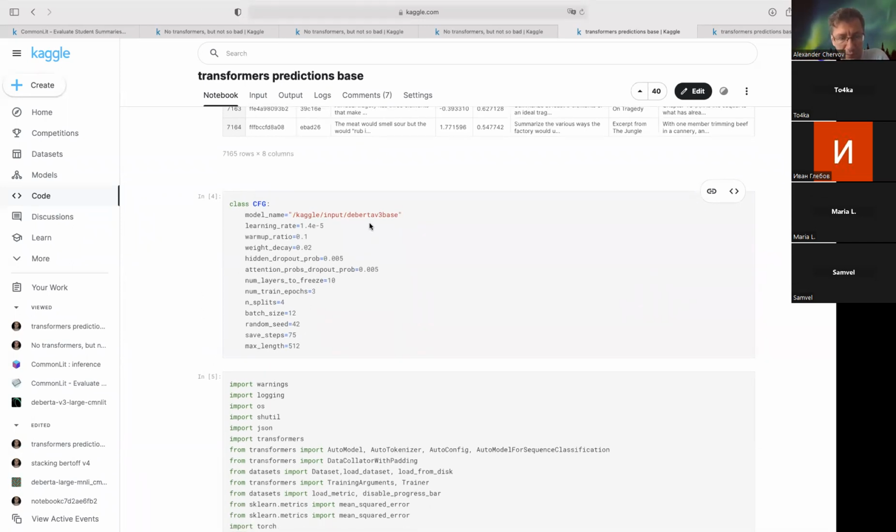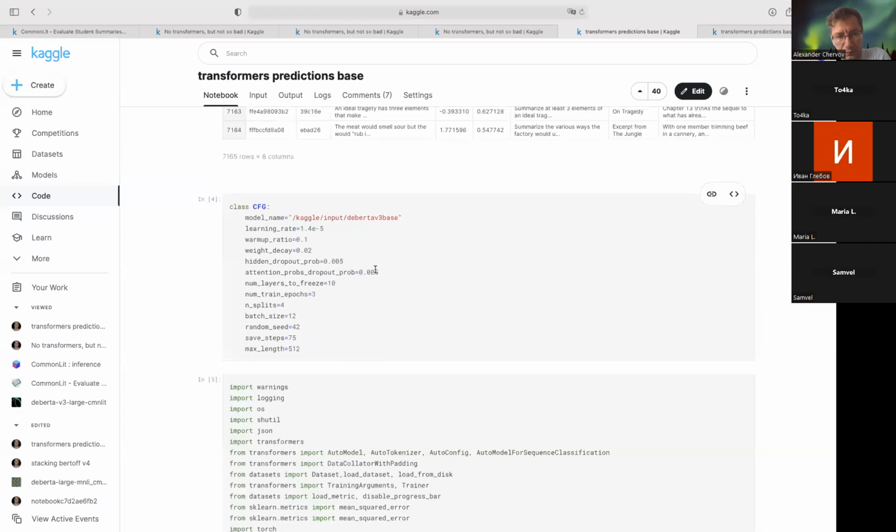At this moment I only used the DeBERTa base model, but I'm going to use bigger models like DeBERTa large or DeBERTa X large.